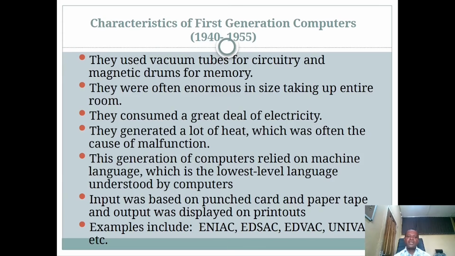That was why in those days, first generation computers were put in a big room with an air conditioning system supplied to them, so that the AC can absorb the heat generated by the computer system.